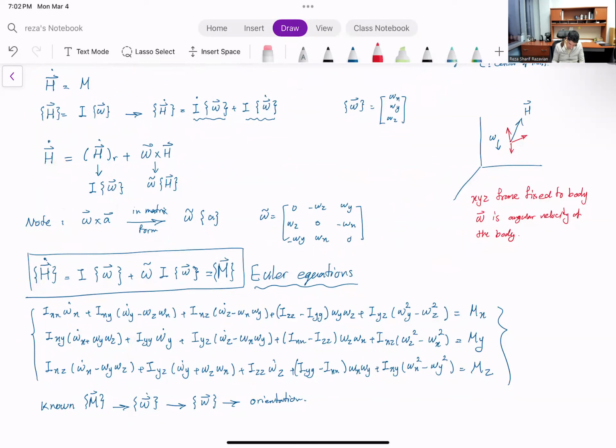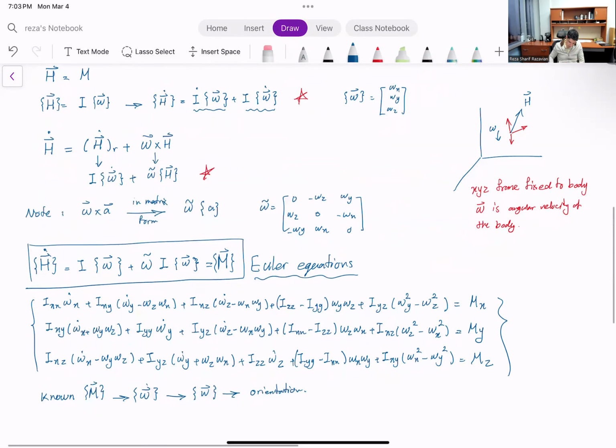So compare this equation and that equation. On one hand, I have h dot is I dot times omega plus I times omega dot. And the other equation I have is I omega dot plus omega tilde times h.